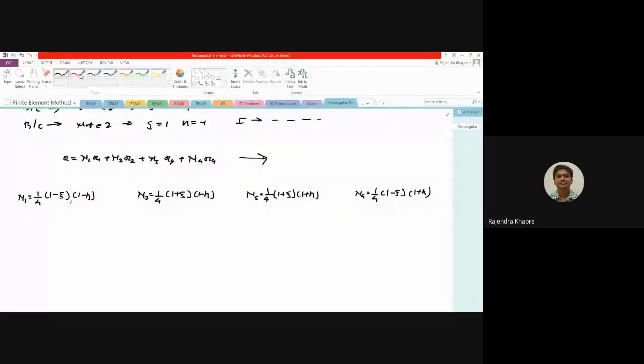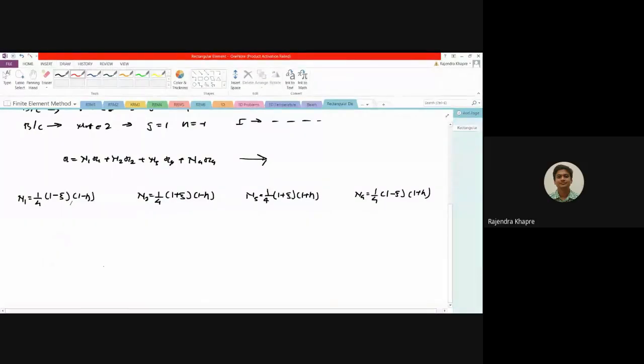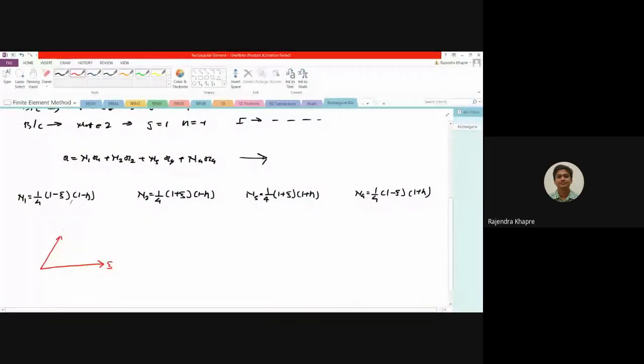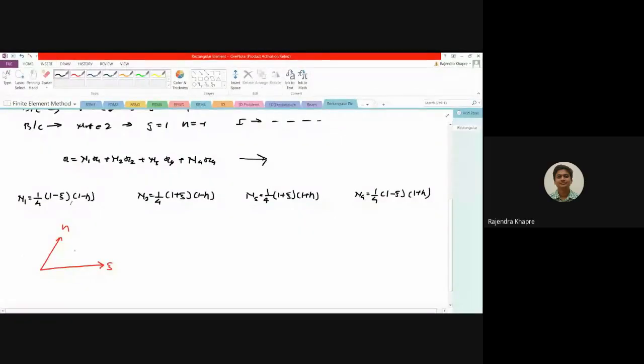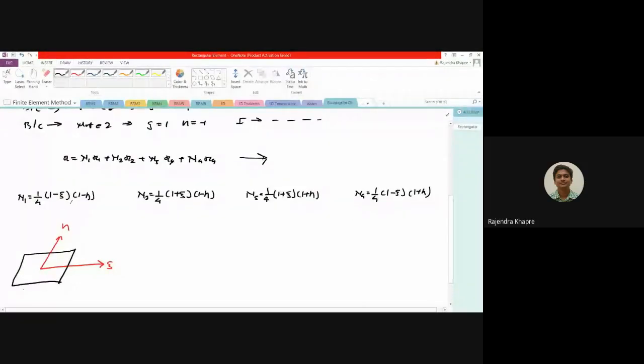So this is like this. This will be xi and this will be your eta. And if you could see the element, it will look like this. Here this will be your node 1, this will be node 2, this will be node 3, and this will be node 4.